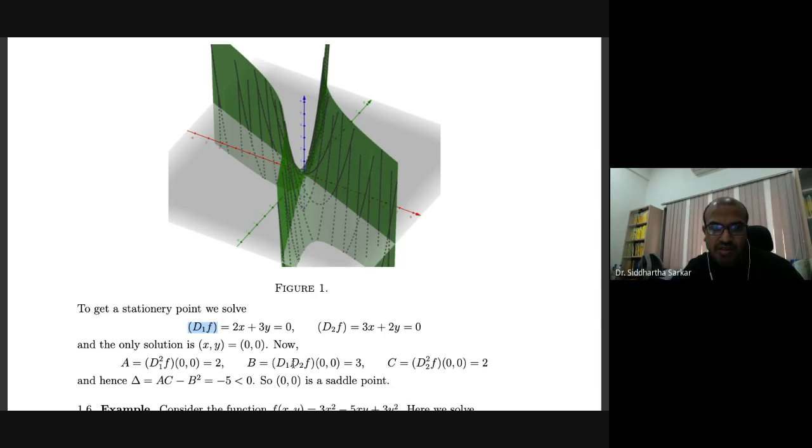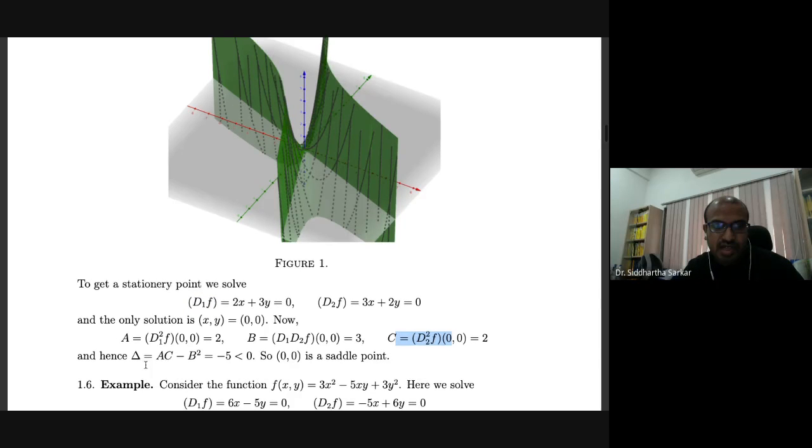Similarly, d1 d2 f at the origin should be 3 and d2 square f should be 2. So if you compute simply, this delta, ac minus b square, is minus 5. So the origin should be a saddle point.